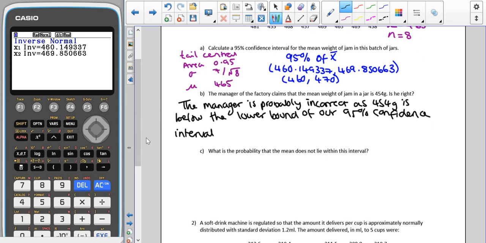So what is the probability that the mean does not lie within the confidence interval? Well, because here we're talking about the mean, not the mean of a sample, we can't really say. Here we're talking about the probability that the actual mean of our population doesn't lie in it.